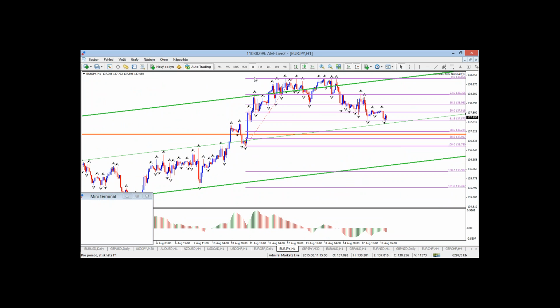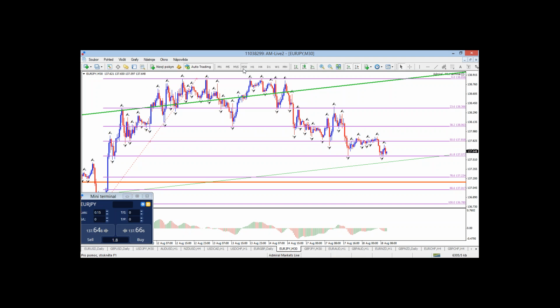Taking a look now at the various positions. Yeah, I would agree. Either here could be a bouncing spot or a tad lower at 137.